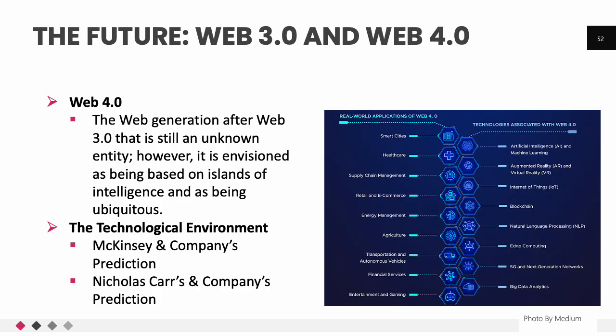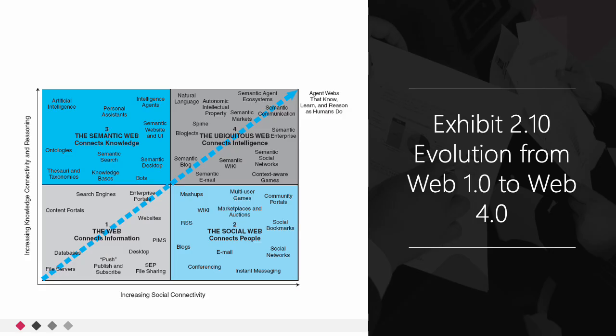All right, so think of it as a timeline and spectrum. The horizontal axis at the bottom represents increasing social connectivity. If you move to the right, the web becomes more about connecting people and facilitating interaction.